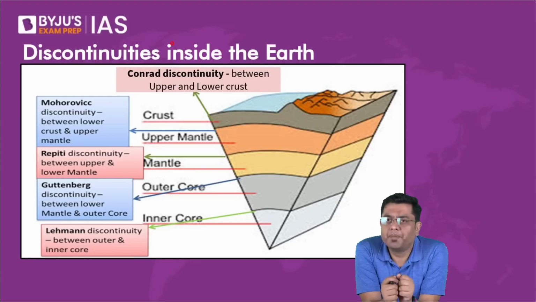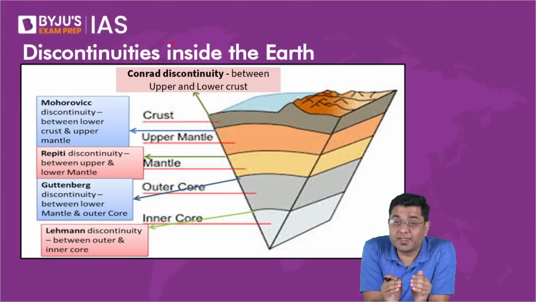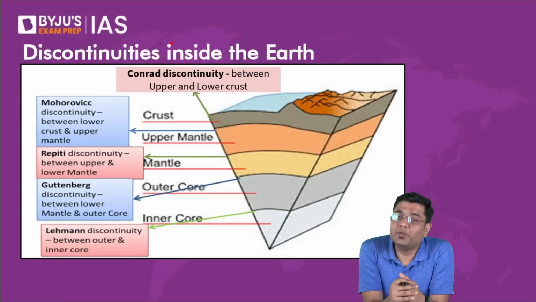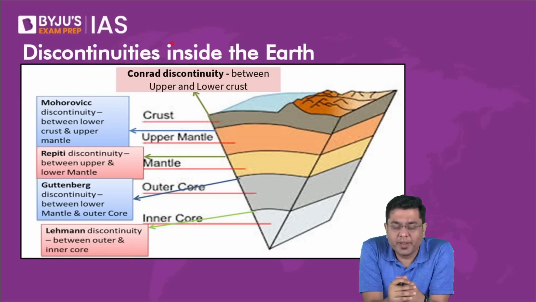So, for example, the discontinuity which separates the upper crust and the inner crust is what is referred to as the Conrad discontinuity. Then the discontinuity separating crust and mantle, differentiating the materials and their particle arrangement, is what is referred to as the Mohorovičić discontinuity, or simply the Moho discontinuity.